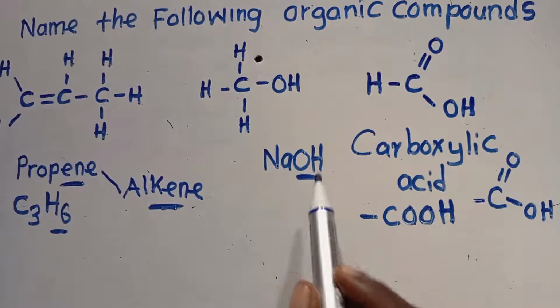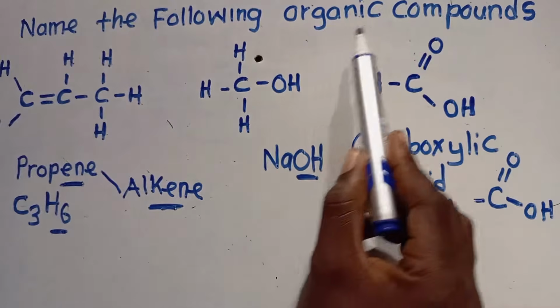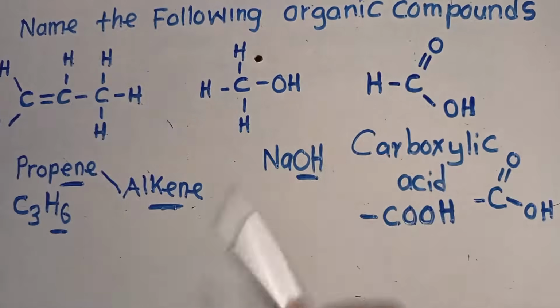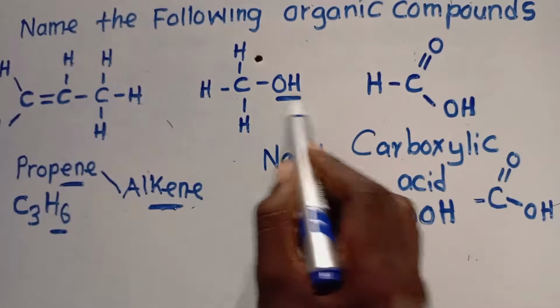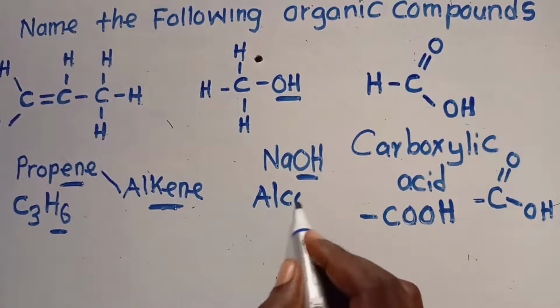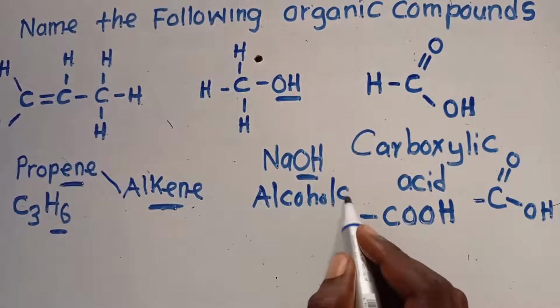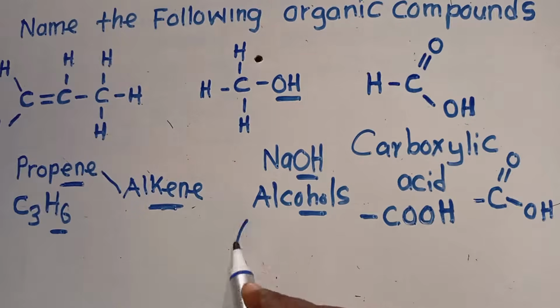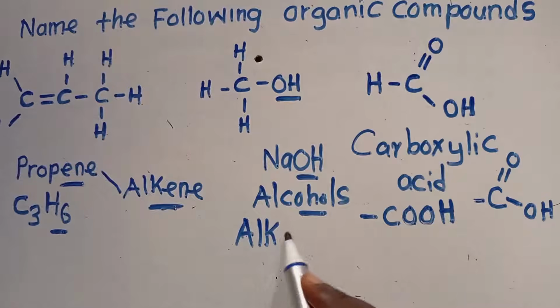No, the moment you notice, these are called organic compounds. So the moment you see an OH group in an organic compound, just know that we are talking about alcohols. These are called alcohols. The other name for alcohols is alkanols. So this is just one and the same thing.